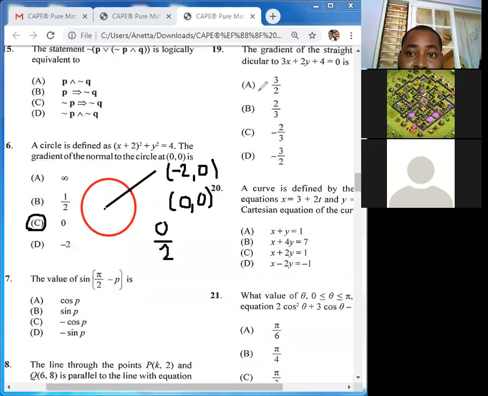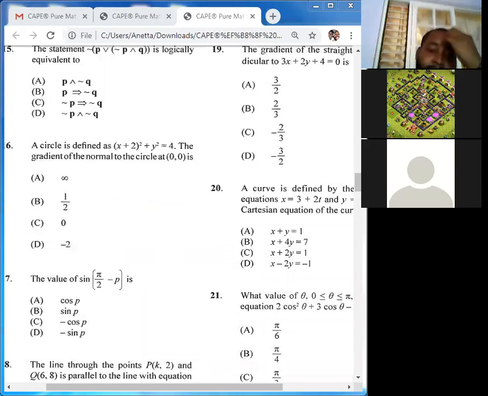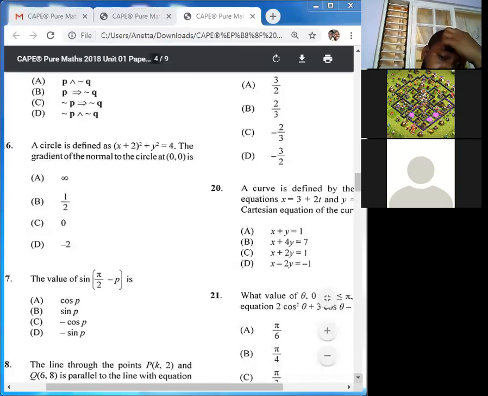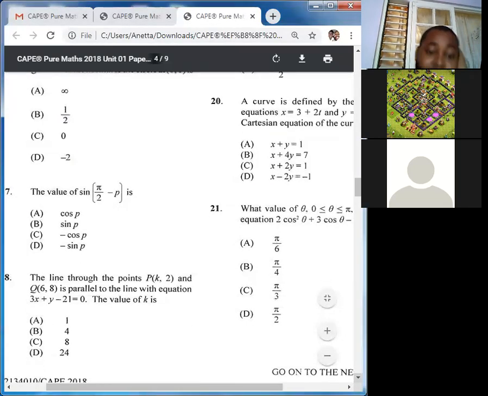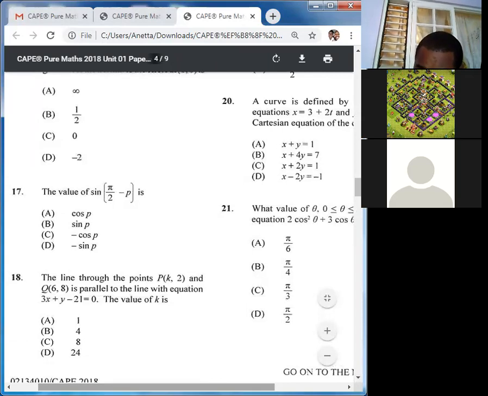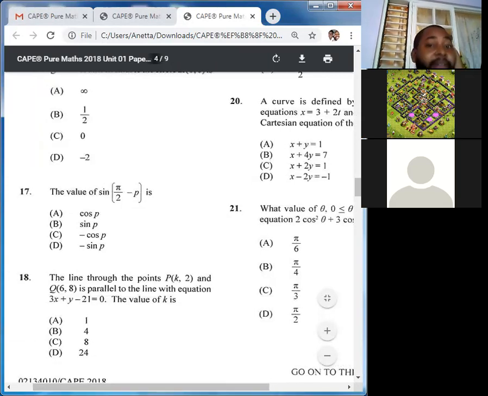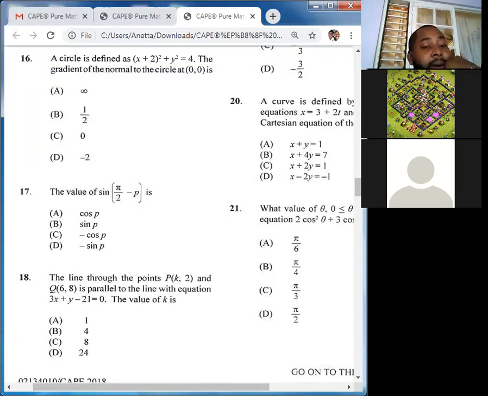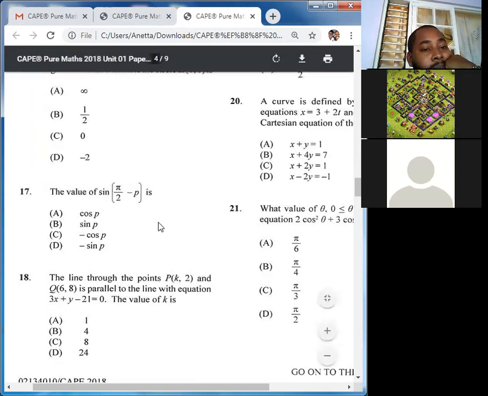So the answer for 16 is clearly C. Number 17. The main part of that one is to get 2 points. They always give you one on the circumference, so you have to find the center of the circle. Once you do that, then you're good.